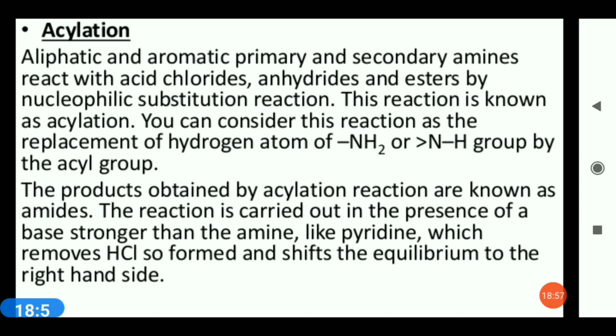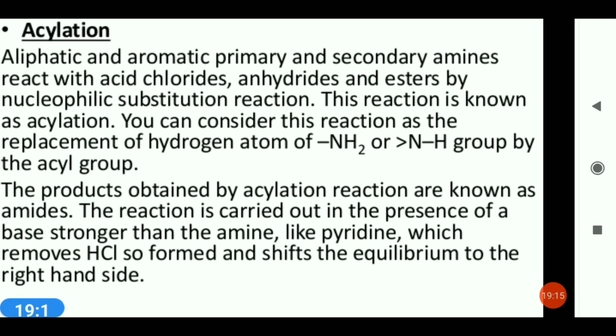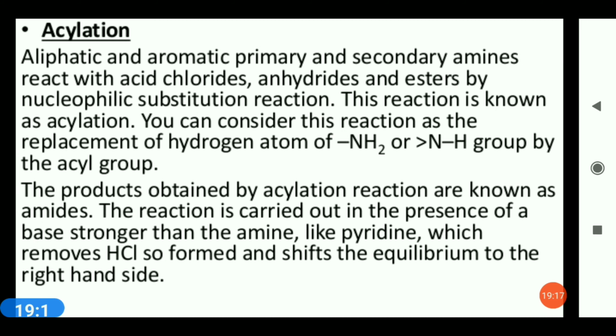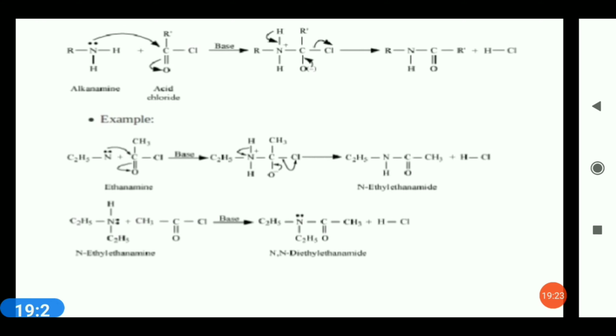You can see this reaction as the replacement of hydrogen atom of NH2 or NH by the acyl group. The product obtained by the acylation reaction is known as the amides. The reaction is carried out in presence of a base stronger than the amines, like pyridine, which removes HCl and shifts the equilibrium to the right hand side.